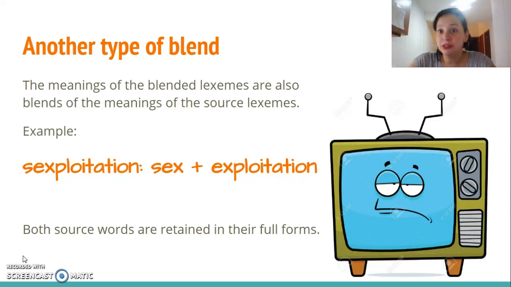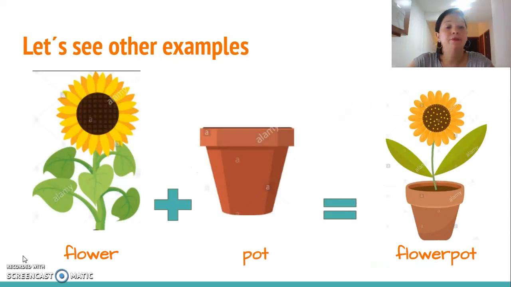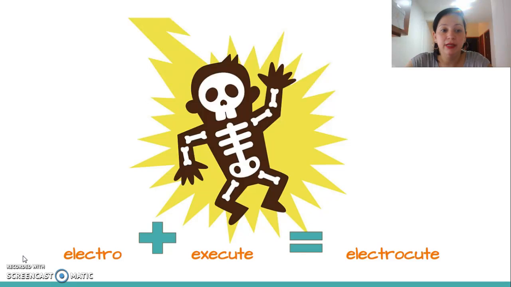We have other examples. As you can see, it's a sunflower, but we are going to talk about the general flower plus pot, so it became flowerpot. That is a plane. As you can see, two words together became another word with another meaning.